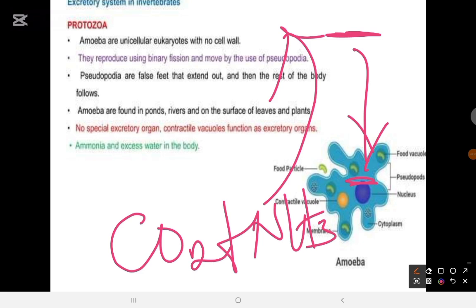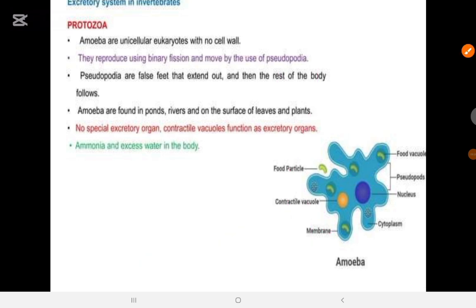So that's where the contractile vacuole comes in. If you look at the diagram you see here, you're going to see the contractile vacuole. The contractile vacuole helps in elimination of excess water. It collects excess water and squeezes it out from time to time. Is that okay?